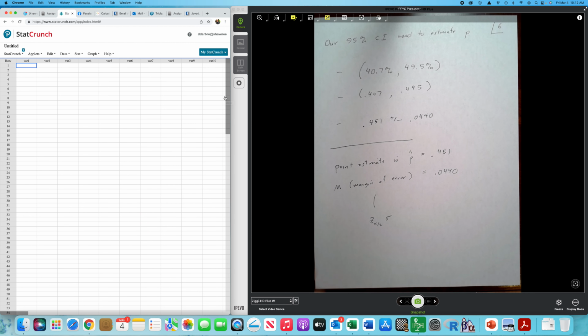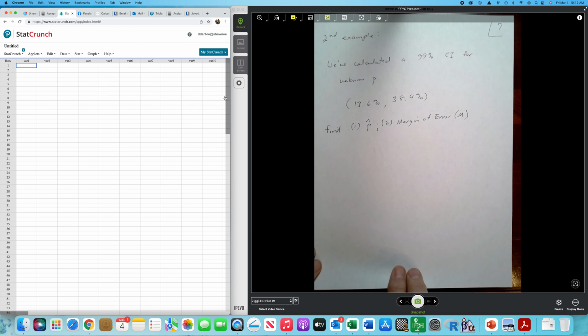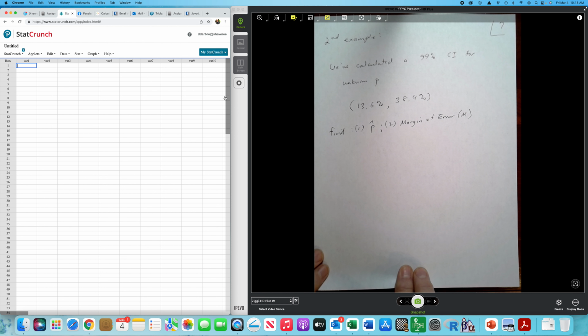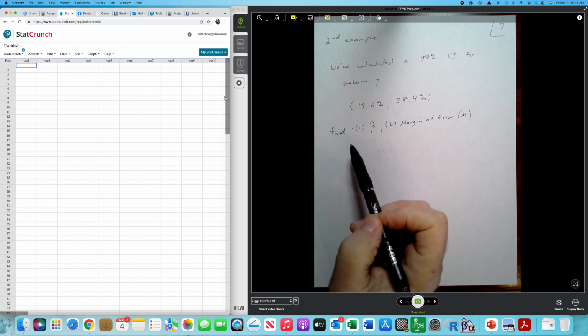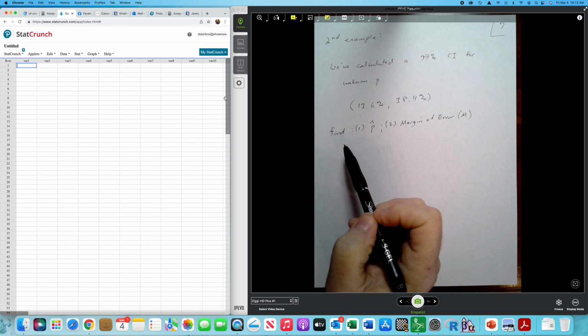Now, let's take a look at another example. Let's say we've calculated a 99% confidence interval for an unknown P. So we've done all the work. We've thrown our information in StatCrunch, and we've created this confidence interval.